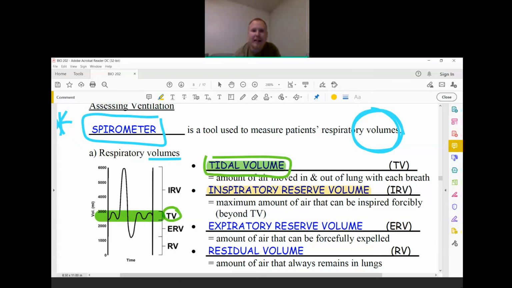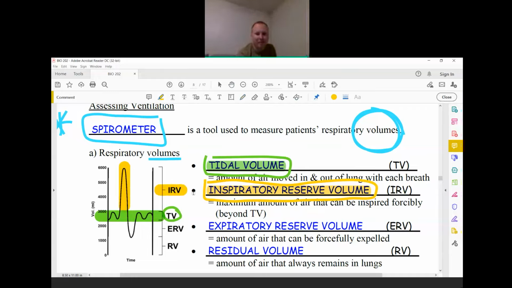So let's start with the inspiratory reserve volume, often abbreviated as IRV. That's the maximum amount of air that can be forcefully inspired beyond what we have at the tidal volume. So how much above normal breathing we can go. And you'll notice that it's quite a bit.